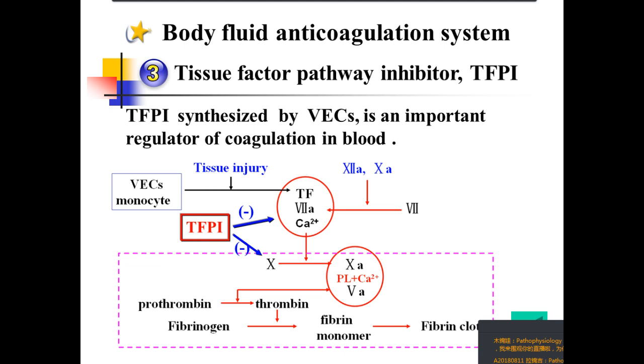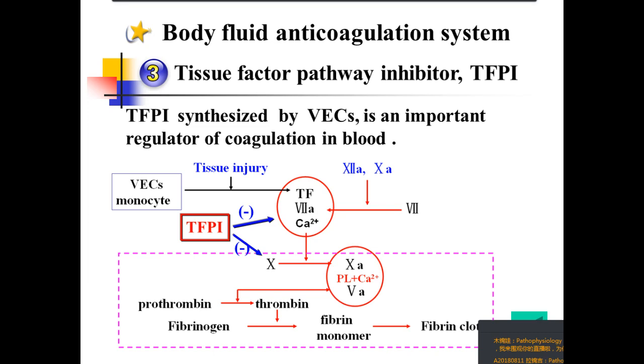Now, in an experiment to inhibit coagulation function, heparin is transfused into the rabbit. If there is no heparin, maybe a clot is found in the rabbit. Heparin can enhance the release of TFPI.